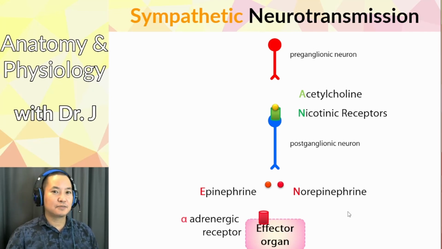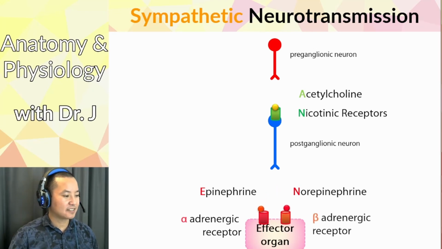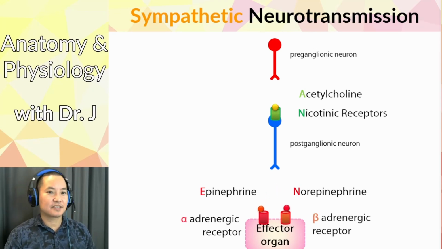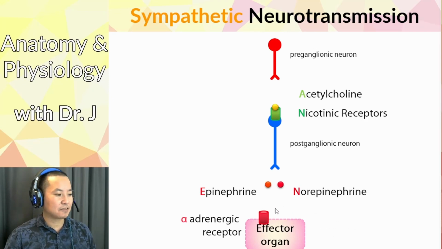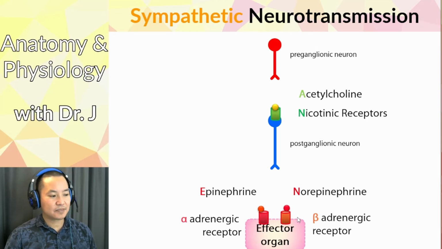There are two broad categories, with subtypes of these categories. The two main types are alpha-adrenergic receptors and beta-adrenergic receptors. A common misconception is that epinephrine only binds to one and norepinephrine only binds to the other, but actually, either can bind to either receptor.